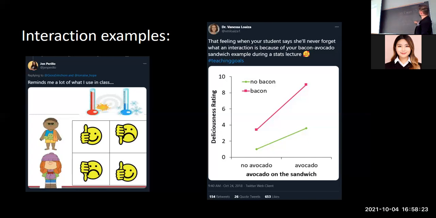When there's no avocado, bacon yes minus no is 3. And what about when there is avocado? I don't think it's 9. Is it about 6?